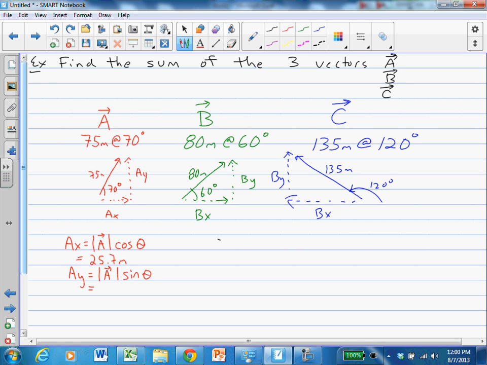Similarly, BX would be 80 times the cosine of 60, or 40 meters. It's not negative. BY would be 80 meters times the sine of 60, or 69.3 meters.